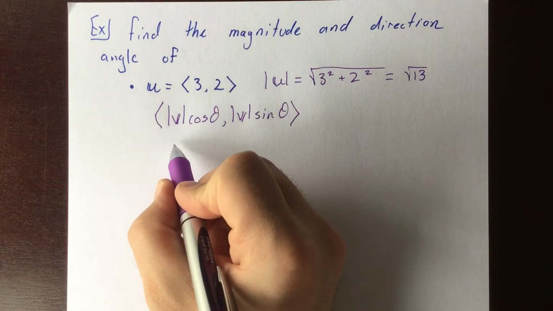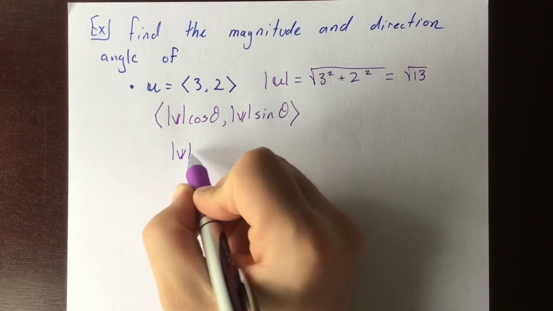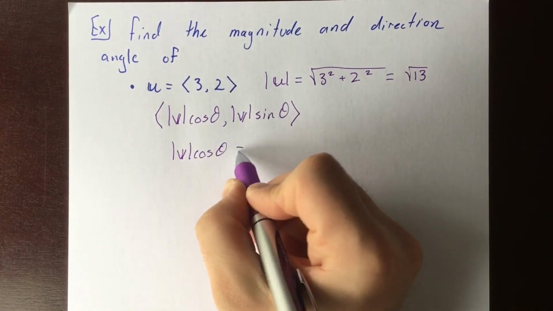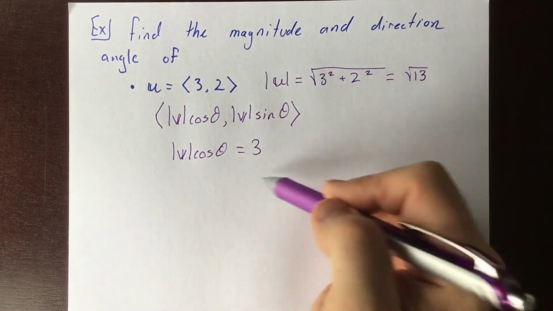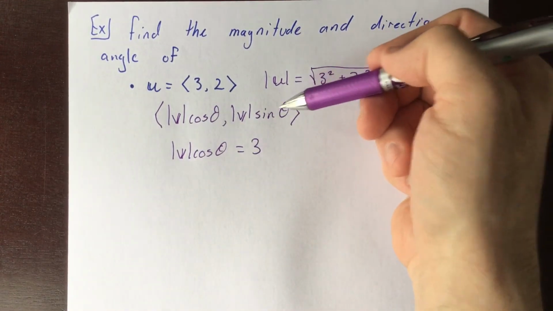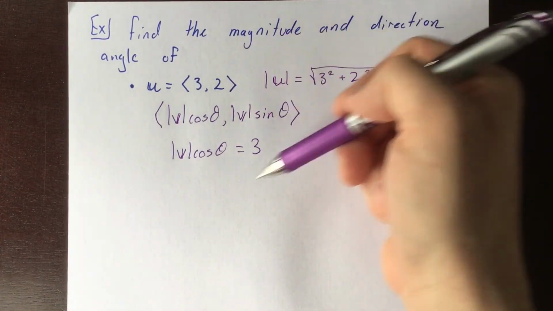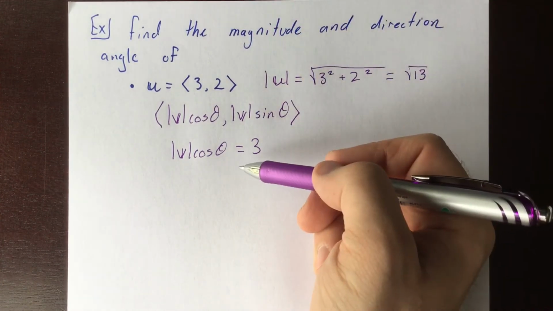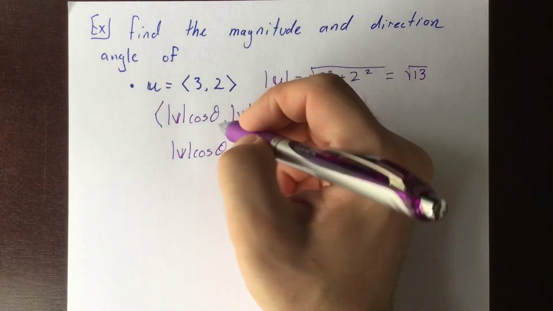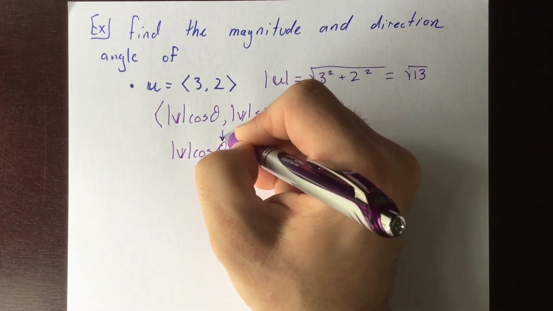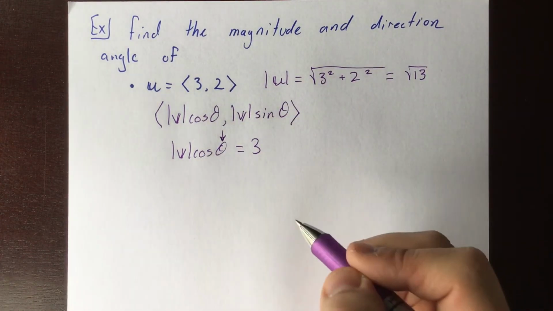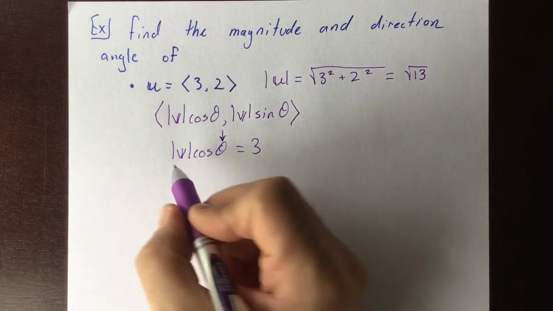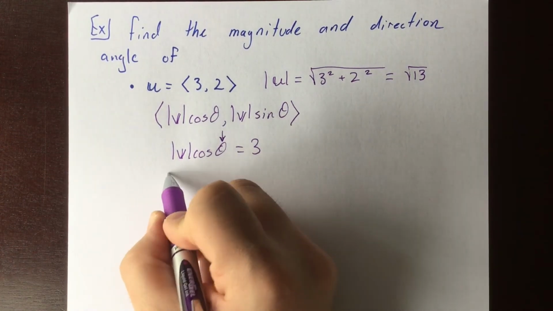So we're going to set the magnitude times cosine of theta equal to 3. I could take this approach using magnitude times sine of theta, and I would just be setting it equal to 2. Now, working with this, we're trying to find the angle. That's our goal here. We want the direction angle. So we just found the magnitude, square root of 13.